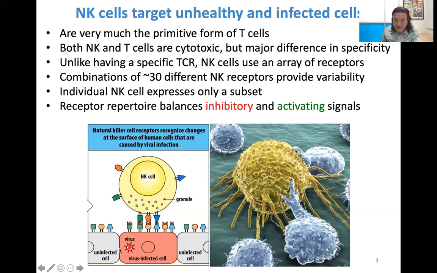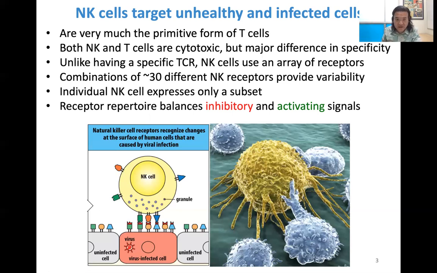So here you have a virus-infected cell. Here's the virus in it. And because the cell is infected, many of the proteins that appear on its surface are a little weird looking. They've been altered, or there are certain signals that are actually made by the cell in response to being infected, so, therefore, part of the interferon response.